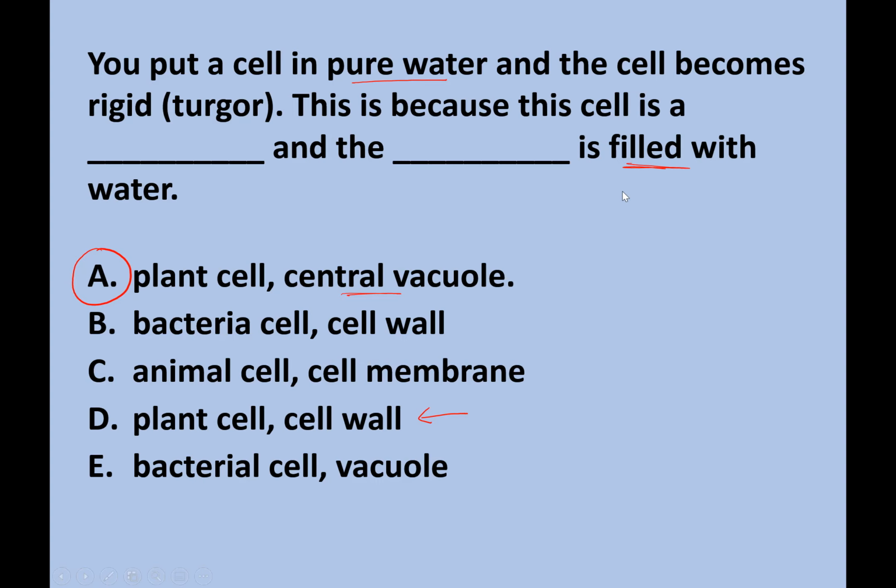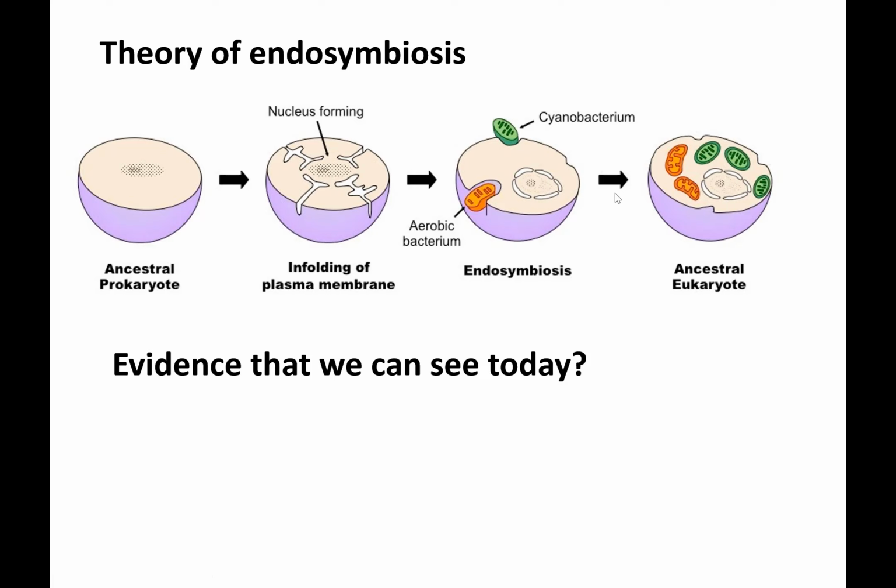Okay, so that's a few questions to get your mind thinking about parts of the cell. Another important concept we talked about in Unit 1 was the theory of endosymbiosis, right? And remember that this is how we believe our mitochondria and chloroplasts came to be.